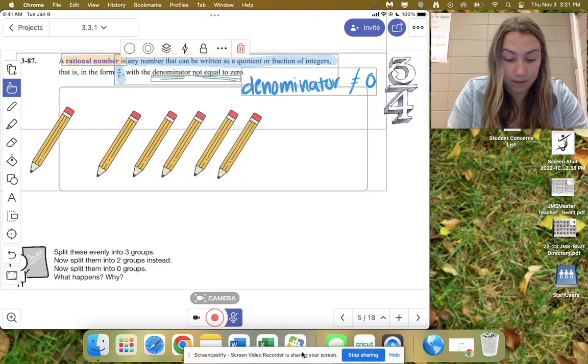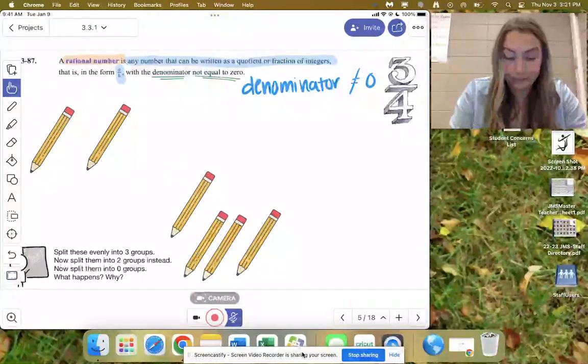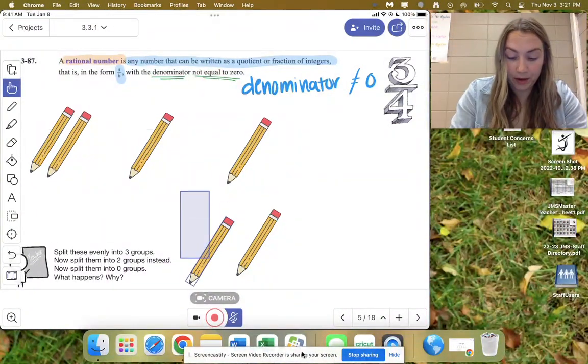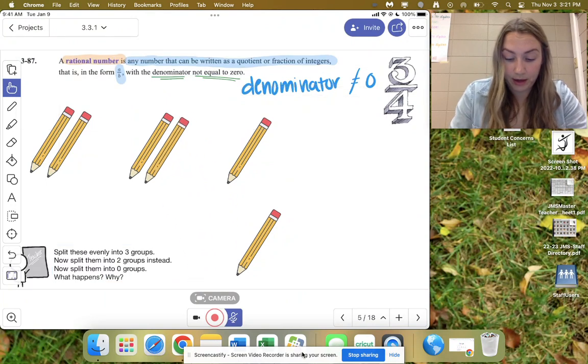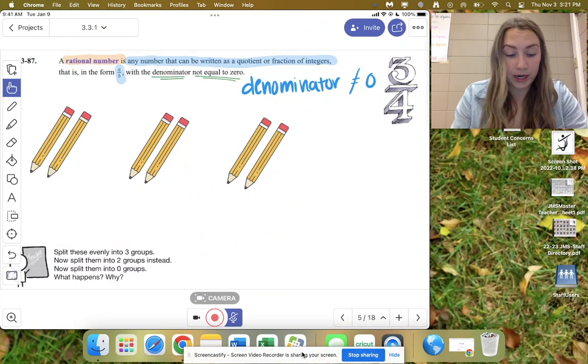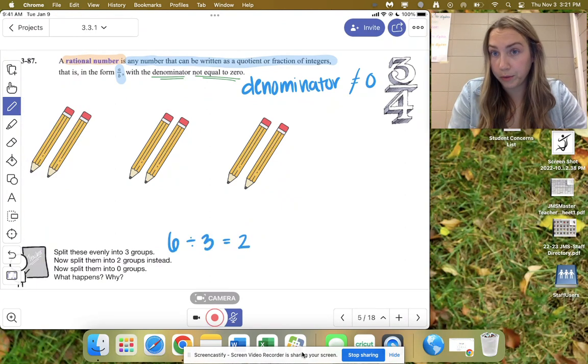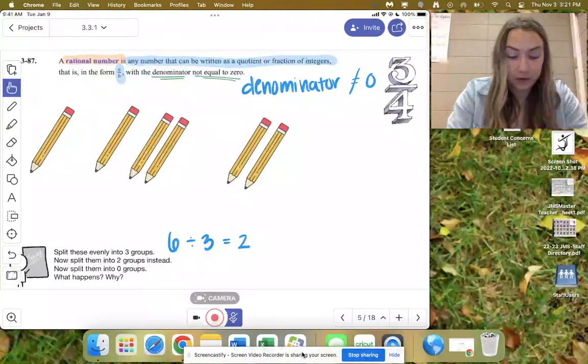Okay, here's a group. That's 3 groups. Put another pencil in group 1, another in group 2, and another in group 3, and they're all done, right? So how I would write that is 6 split into 3 groups is going to give me 2 per group.